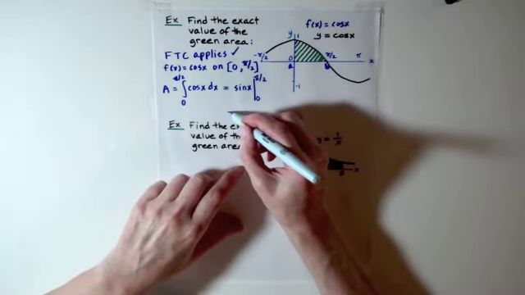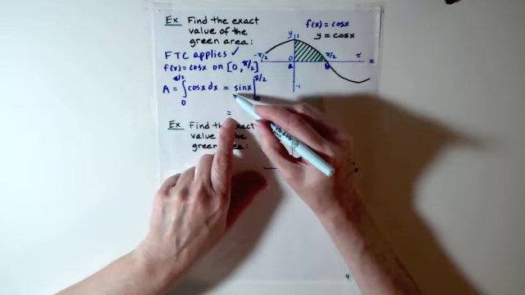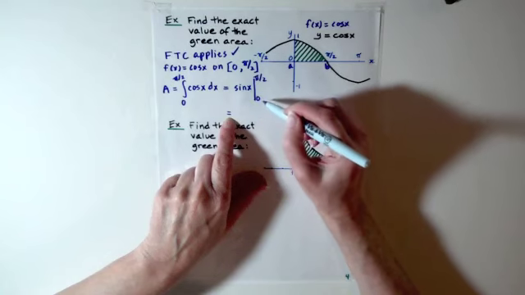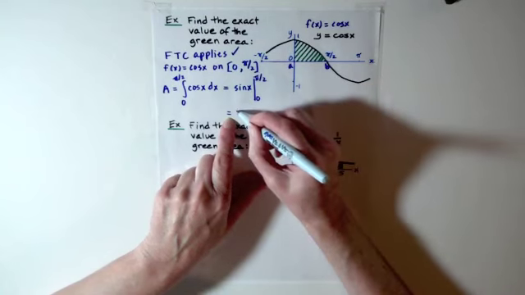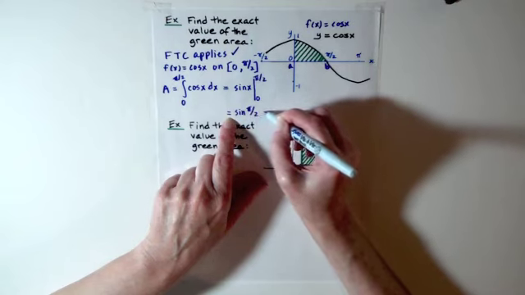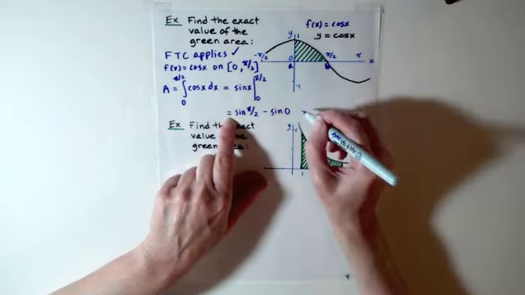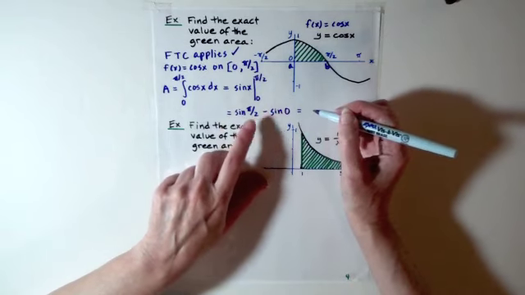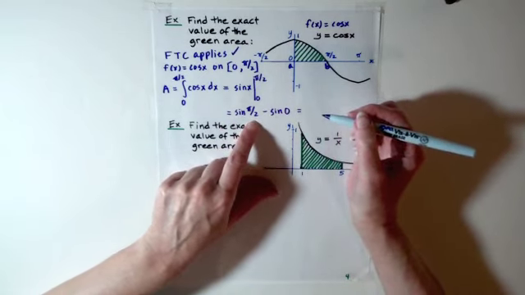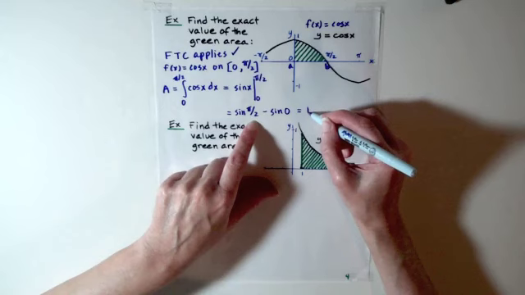Remember when you plug these in that you always want to evaluate at the upper limit first, then subtract the value of this antiderivative at the lower limit. So I'm going to do sine of pi over 2 minus sine of 0. Okay, well, what are those equal to? Sine of pi over 2 radians would be the same as sine of 90 degrees, and that is equal to 1.